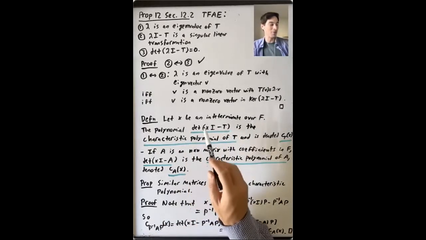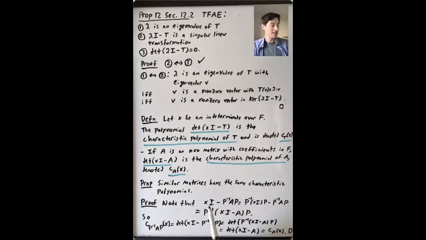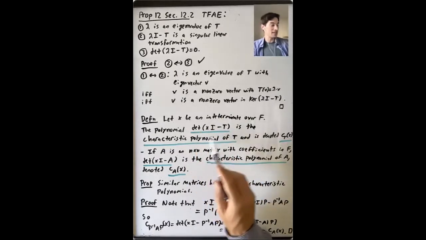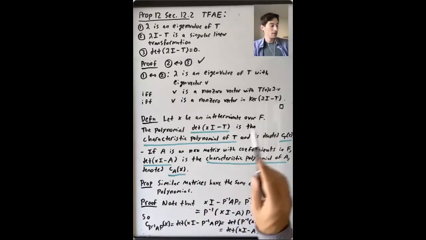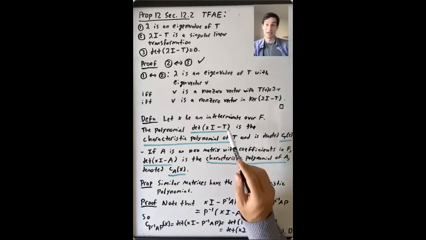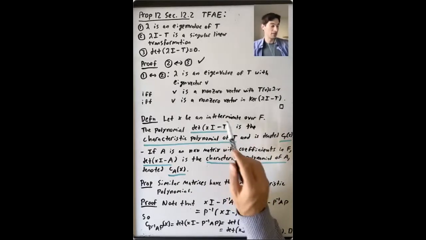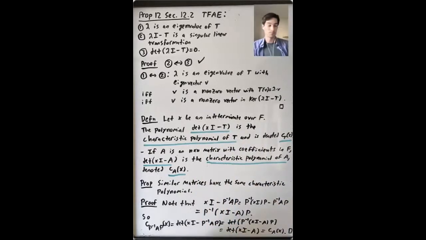We take the polynomial determinant of X times I minus T. And this is the characteristic polynomial of T and is denoted C sub T of X. So that's the characteristic polynomial of a linear transformation. We have this linear transformation, we take its determinant, we get the characteristic polynomial.